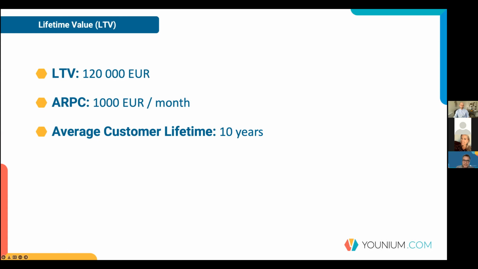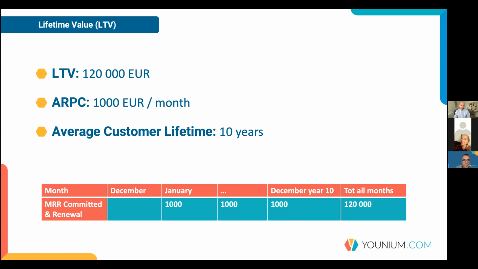So if we then introduce our little table here as well, what if we combine the two, MRR committed and MRR renewal, into one column here and look at this, okay, let's say our customer will then stay with us for 10 years. And then we look at this over all of these 10 years and look at the total of all those months, which will be 120,000.